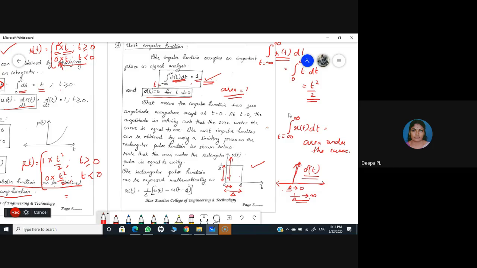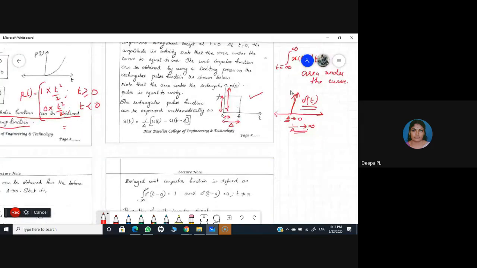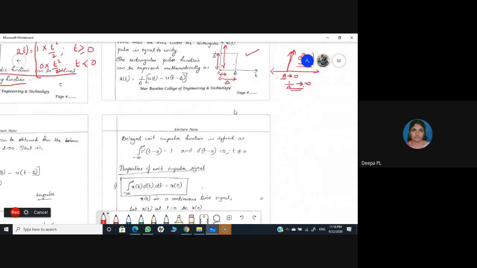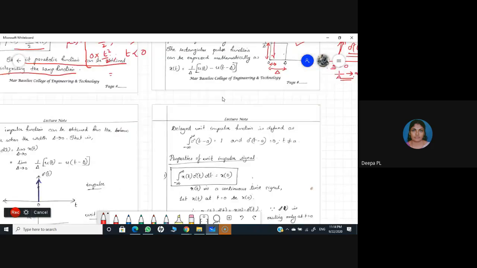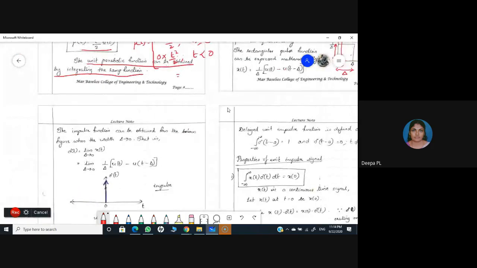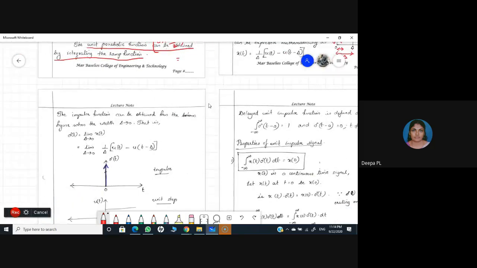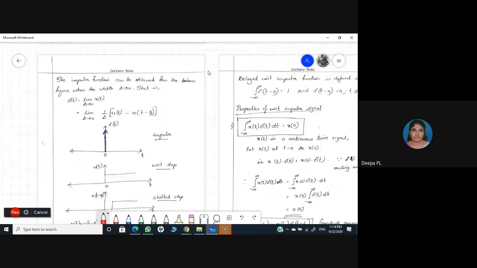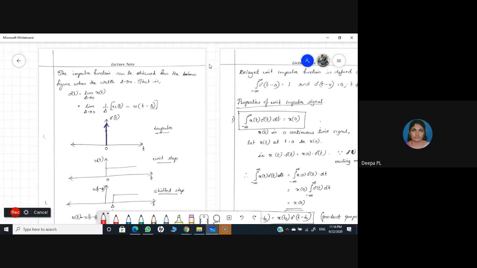Okay, so that is the theory behind the unit impulse function. Unit impulse function means area under the curve is equal to 1, and it is not defined for what? It is not defined for t not equal to 0, in the sense that for t not equal to 0, it is equal to 0. Otherwise, it is having an amplitude and the area under the curve is equal to 1. So that is the thing explained here.